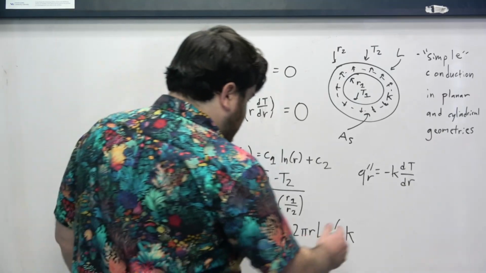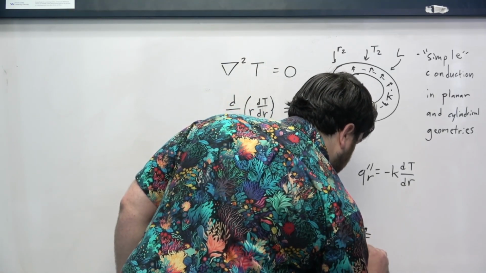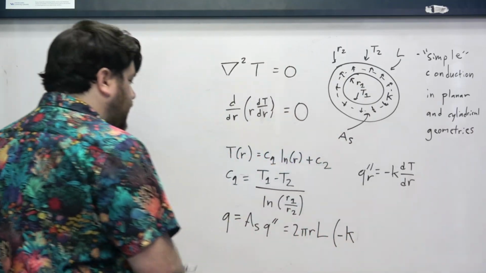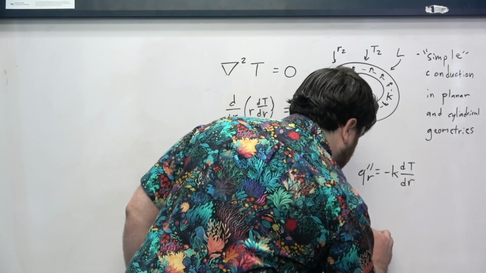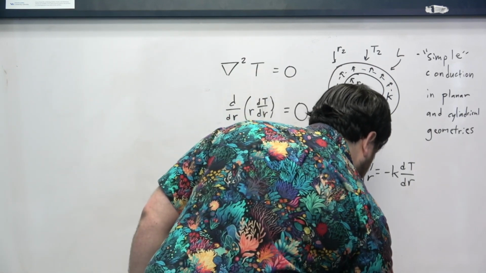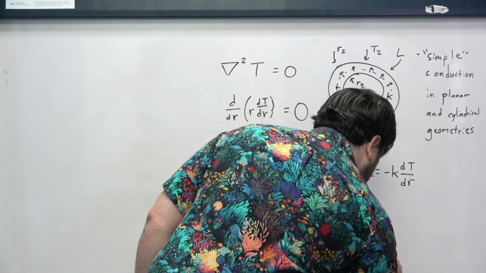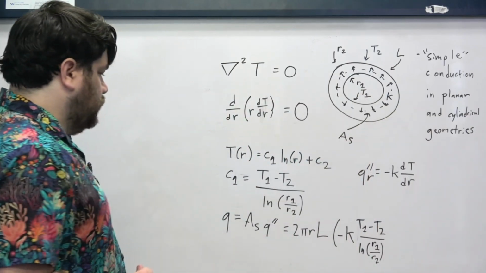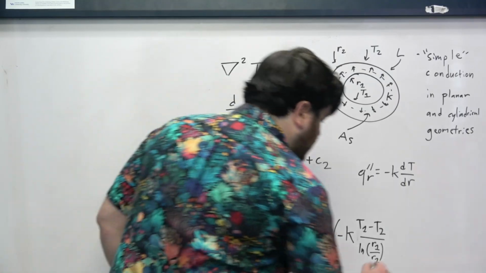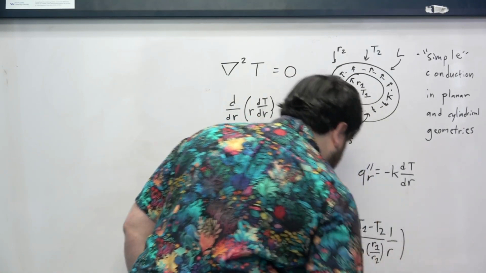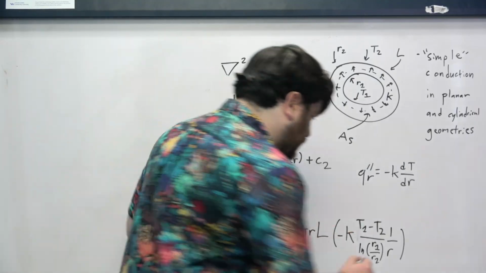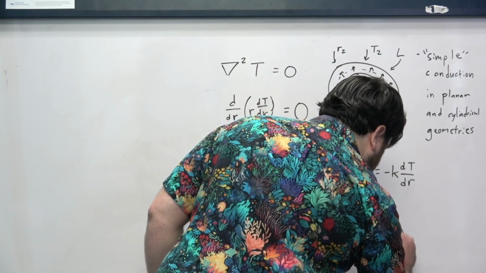So we get C1 over r, which we can then rewrite using this expression, which is T1 minus T2 divided by the logarithm of R1 over R2. That's C1, and then we have to add the 1 over r. And so this is the expression that remains. All right, this is a 1. Let me make sure that I make that clear. There we go.